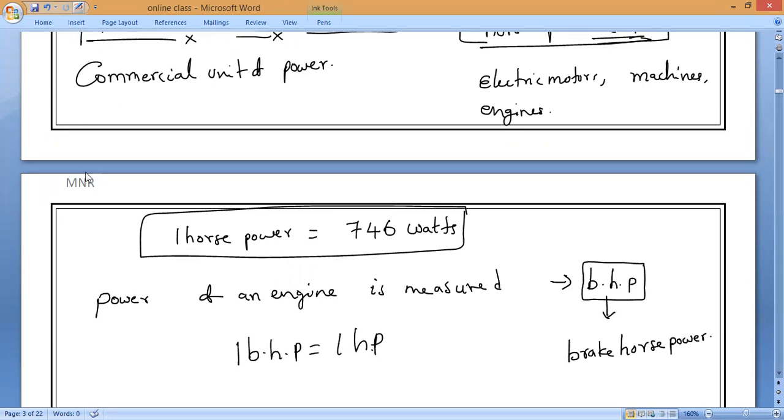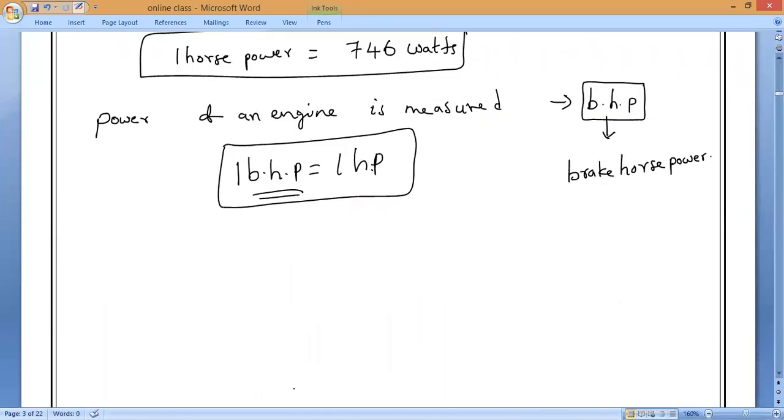Nowadays, we use this term, brake horsepower, which is used in expressing the power of the engine. So now, more BHP, more powerful; less BHP, less powerful. That is what you have to remember. So if I say, for example, let me take a random value, 2568 or something, you can take 2680.